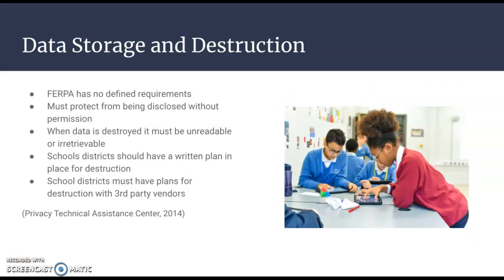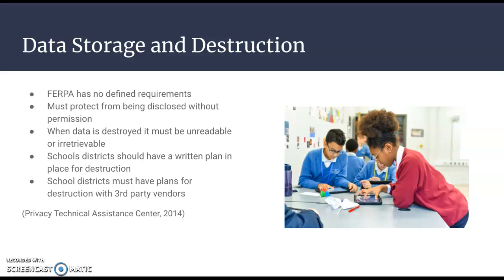We also need to consider how long we are going to store our data, and what's our plan for destroying the data when it's no longer needed. So FERPA does not lay out any defined requirements for us, but we must protect that information from being disclosed without permission. So we need to make sure that our data is not accessible to anyone else and is in a safe place.